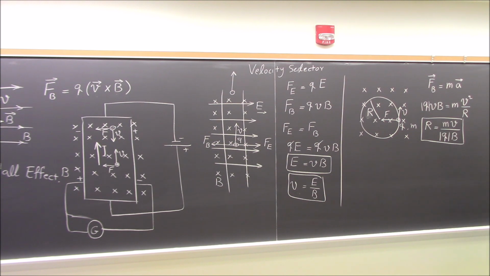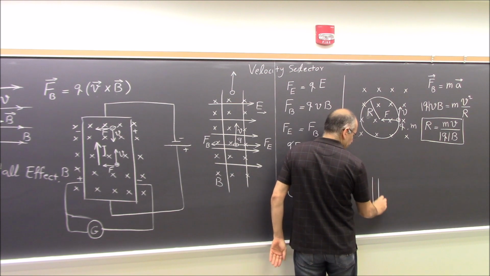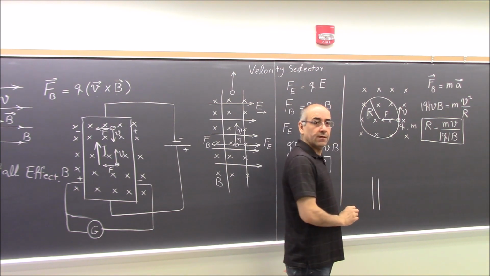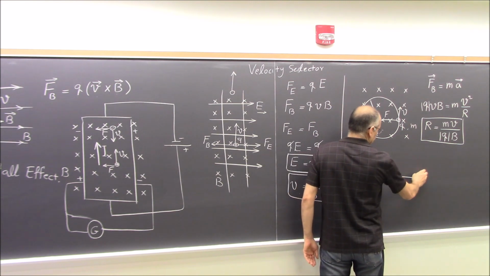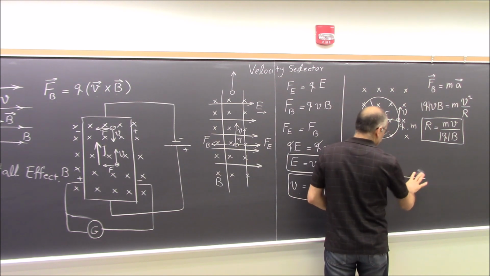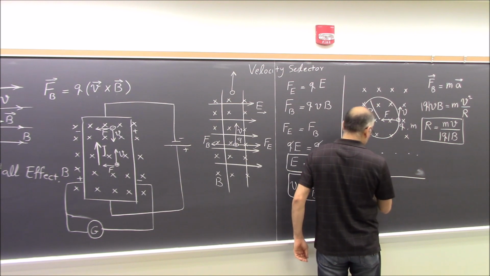Okay, so in mass spectroscopy, they use a velocity selector here, and then when the particles come out, they send them through another region. Let's say the magnetic field is now out of the page in here.